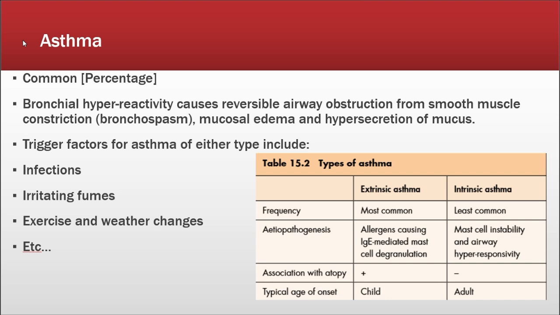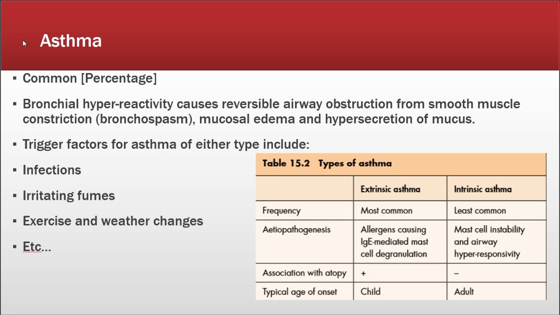There will be reversible airway obstruction. Due to smooth muscle contractions, the muscles will constrict and cause bronchospasm. This will be a reversible airway obstruction. Then there will be mucus overproduction and mucosal edema. There will be swelling and hypersecretion of mucus. And of course, it's reversible, because if it's irreversible, the patient dies.